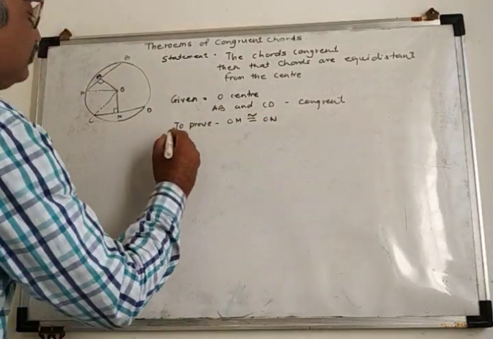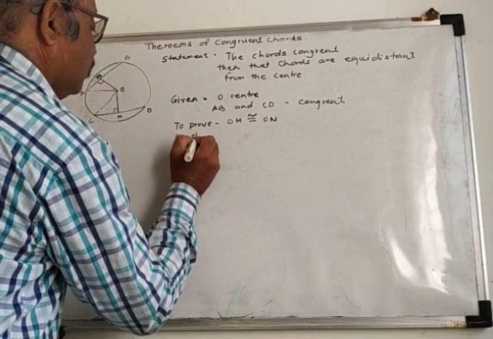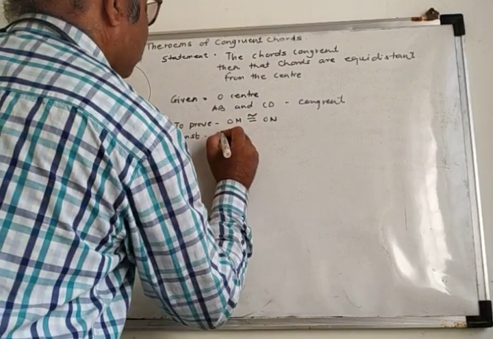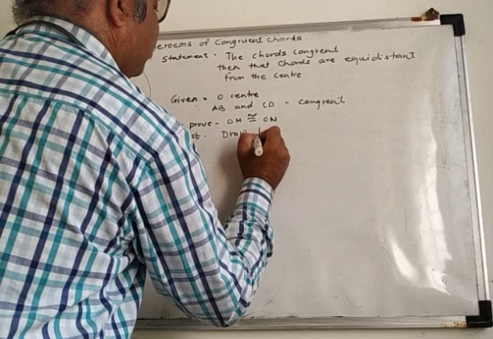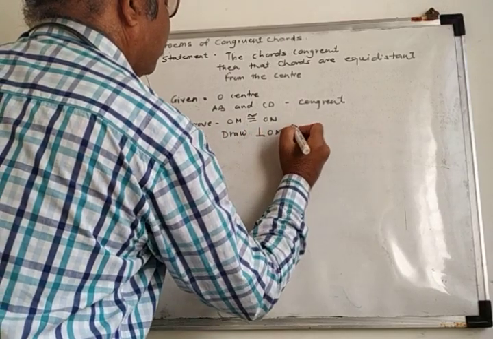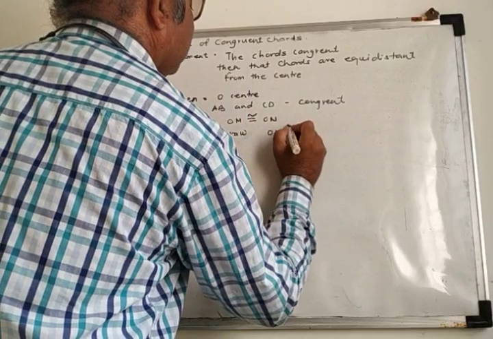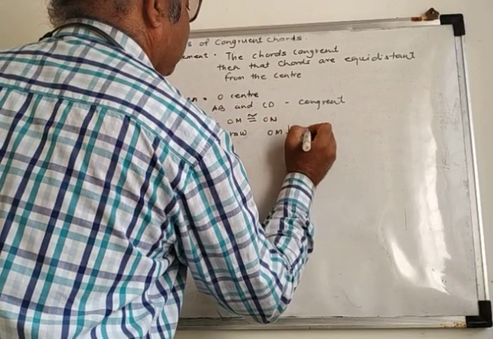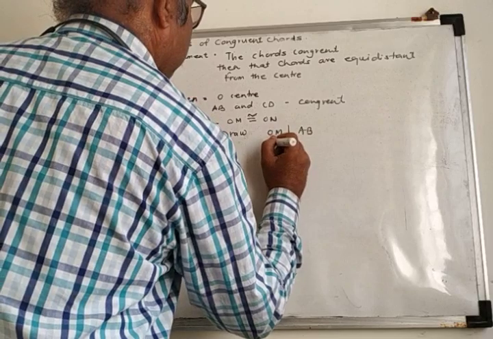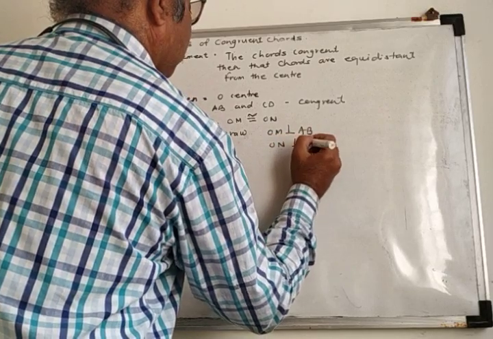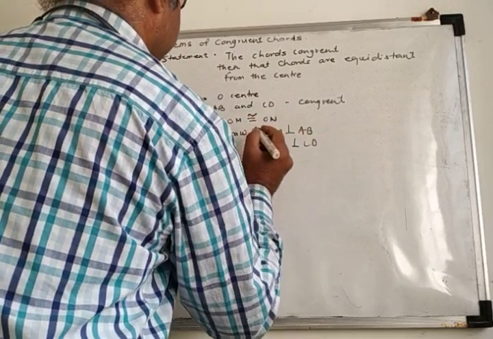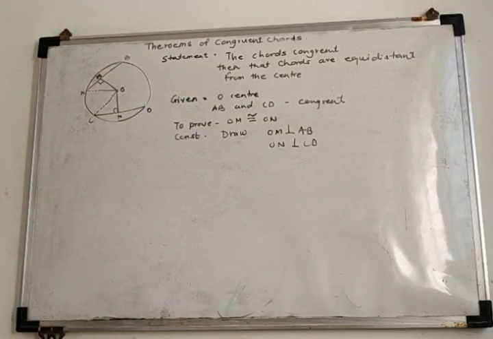For this we need to draw a construction. Construction: draw perpendicular OM to AB, and ON perpendicular to CD, where AB and CD are two congruent chords.